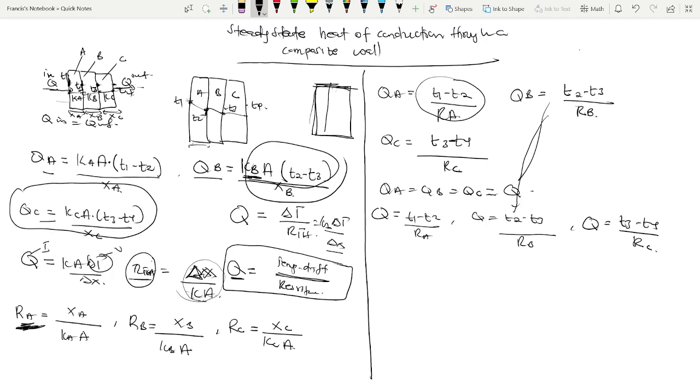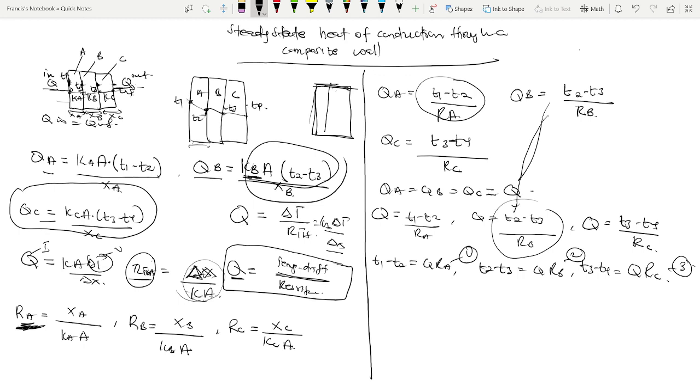So we can see that T1 minus T2 will be equal to QRA, and T2 minus T3 from this equation is equal to QRB. And then T3 minus T4 is equal to QRC. So let's call this equation 1, equation 2, and then equation 3.